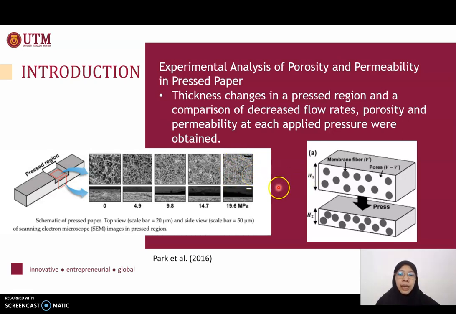So they can know the effect on the porosity and the permeability of the paper under a pressed condition. With very high compression, the thickness decreases, so it has less permeability and less pore size.